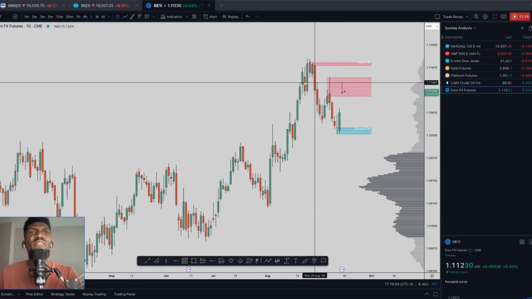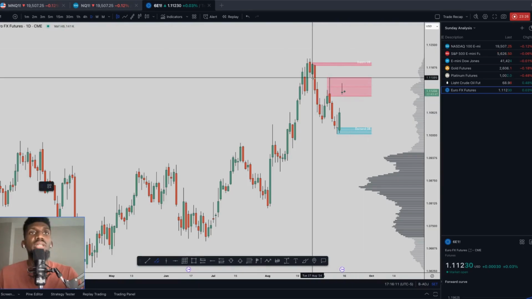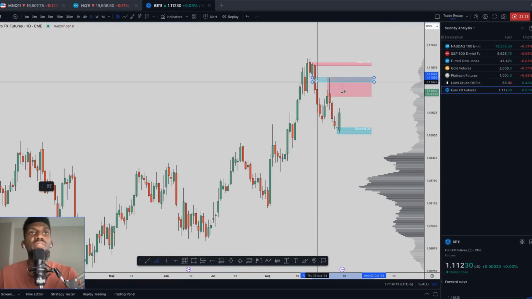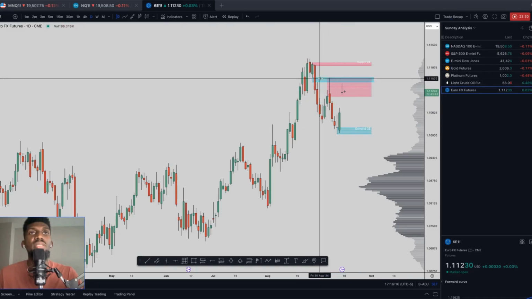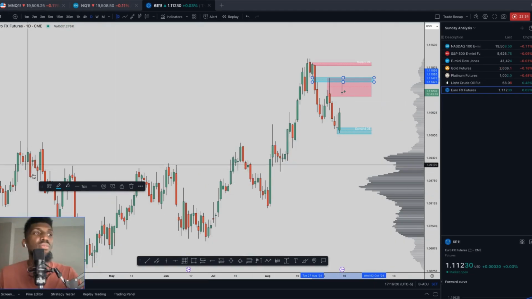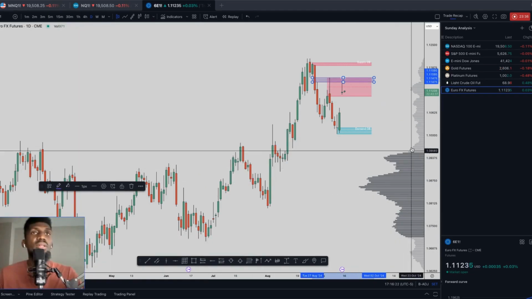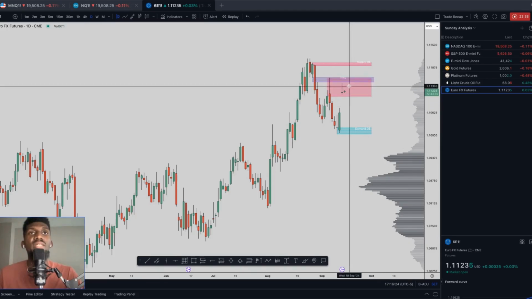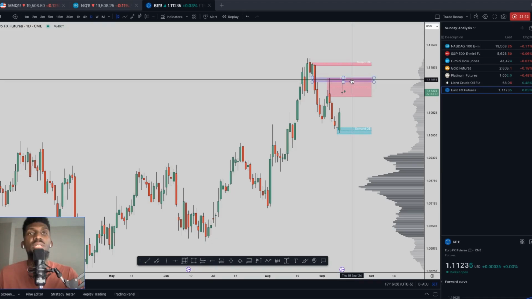We do have somewhat of one here, but we've already filled 50% of it, which is a fair value gap right at the same level of resistance. Let me draw the fair value gap. So there you go, we have that just at the top of the resistance. So we may move there, fill some of the orders, and then move lower.